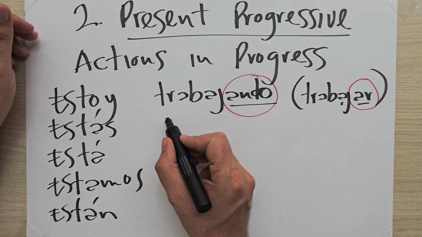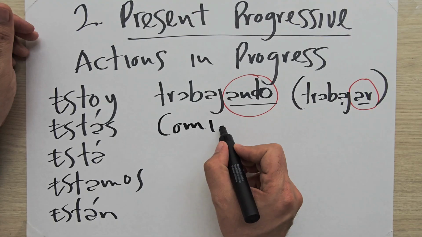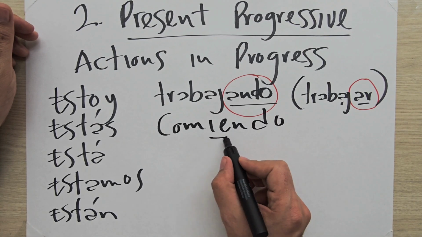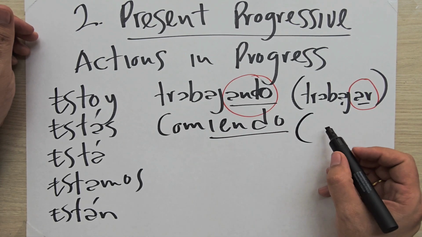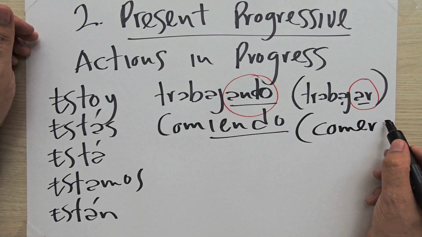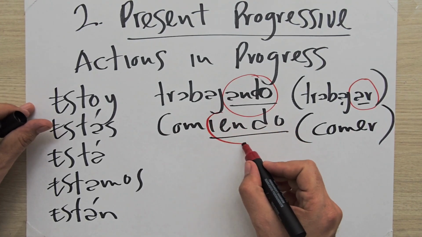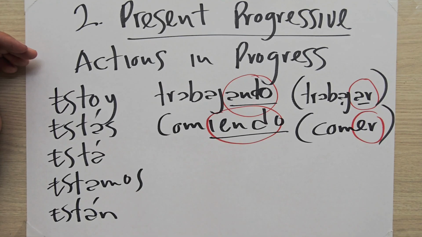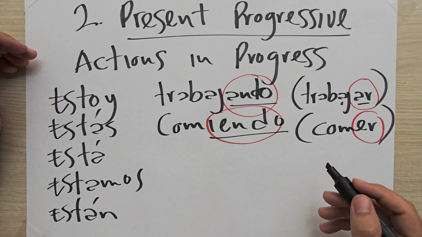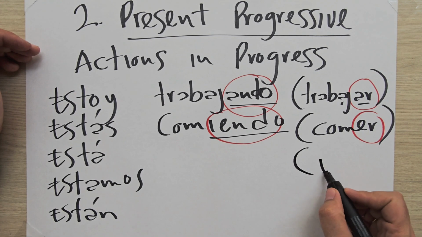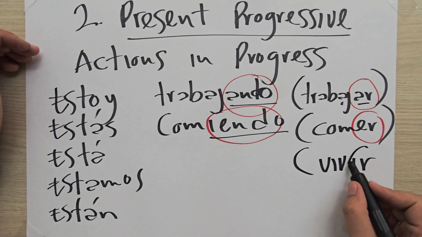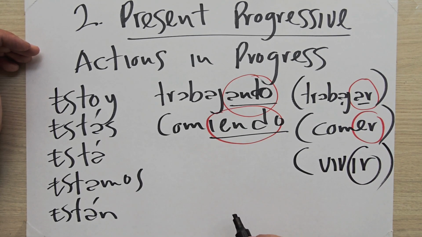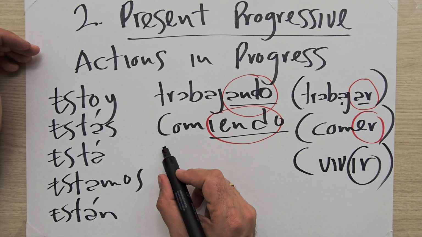If you are using an ER verb, you switch ER to iendo ending. For example, the verb comer, to eat, you say comiendo. The verb is comer. And if the verb ends in IR, like vivir, which is to live, you say viviendo.